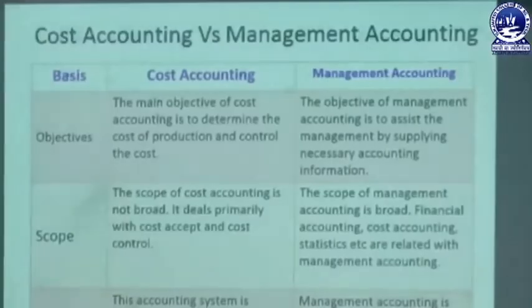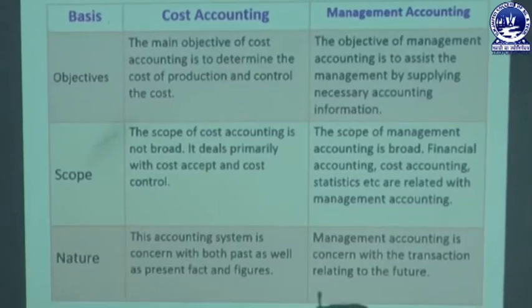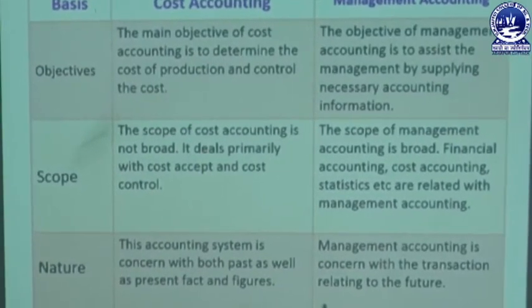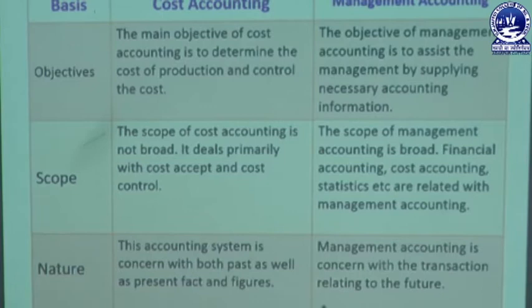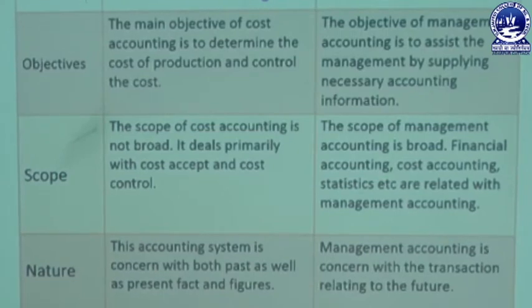The second point relates to scope. In the case of cost accounting, the scope is not broad. It deals primarily with cost ascertainment and cost control. But the scope of management accounting is very broad. Financial accounting, cost accounting, statistics, etc. are related to management accounting.